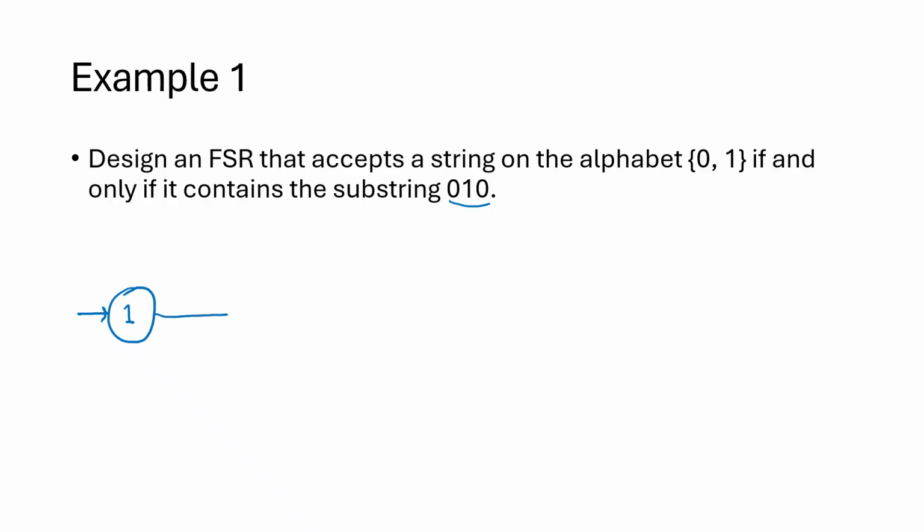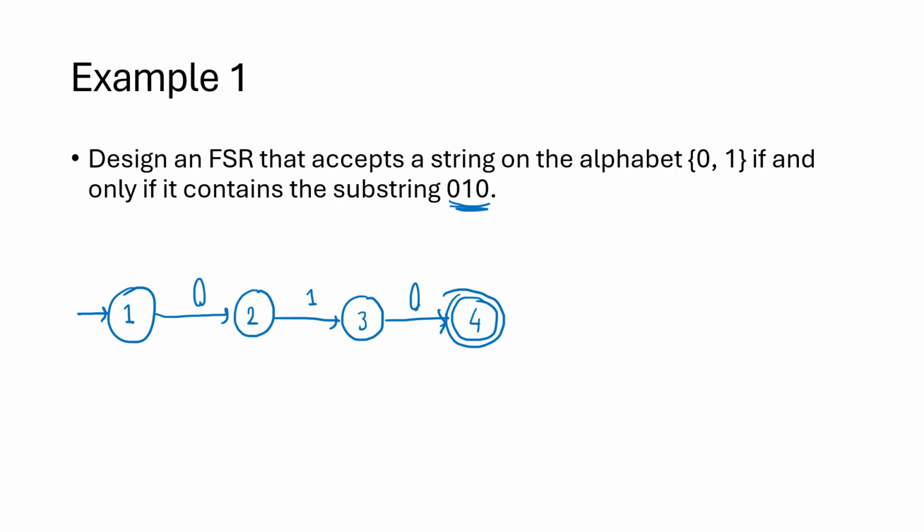So with a 0, we go to a state, let's call that 2, and then with a 1, we go to the next state, let's call that 3, and then with another 0, now our 0, 1, 0 is complete, so we go to another state. I'm going to call that state number 4, and this is an accepting state because 0, 1, 0 is a string that, based on the description, must be accepted by the machine.